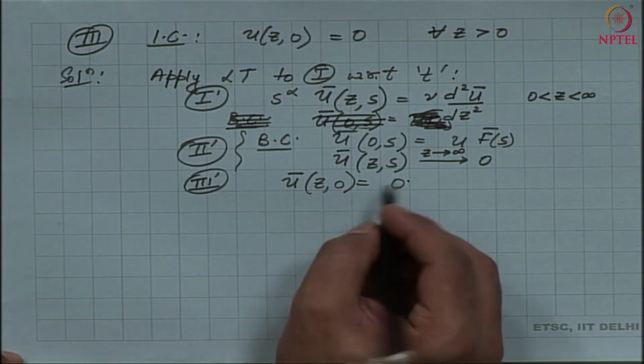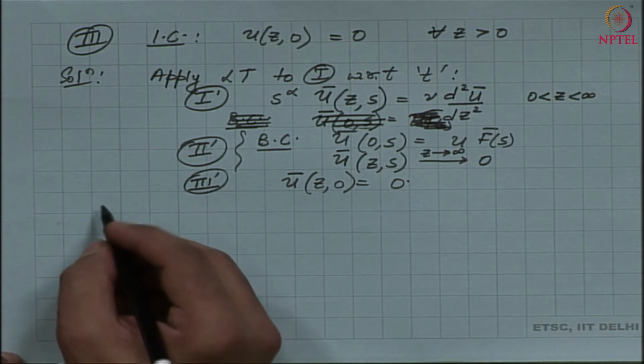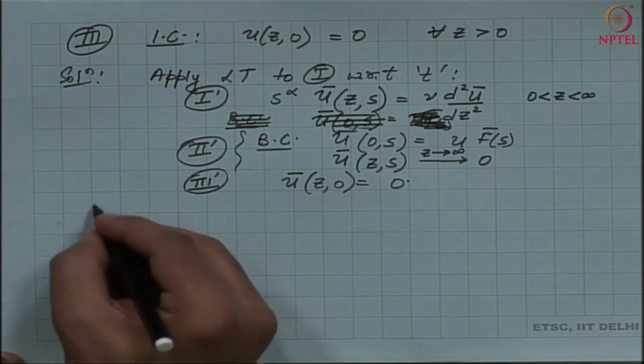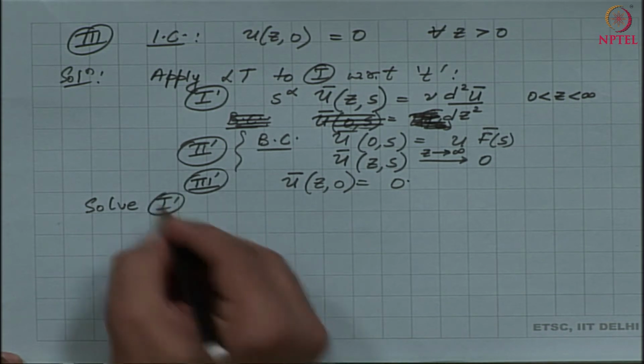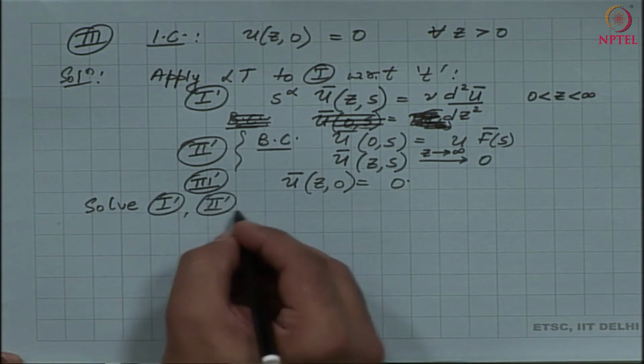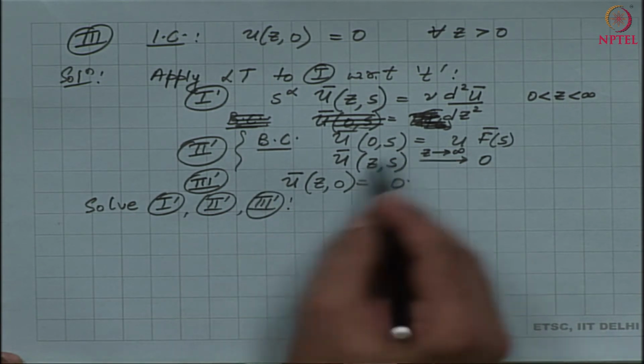Okay. So, then I see that if I solve all these equations 1 prime, 2 prime and 3 prime, these are all ODEs with given conditions.